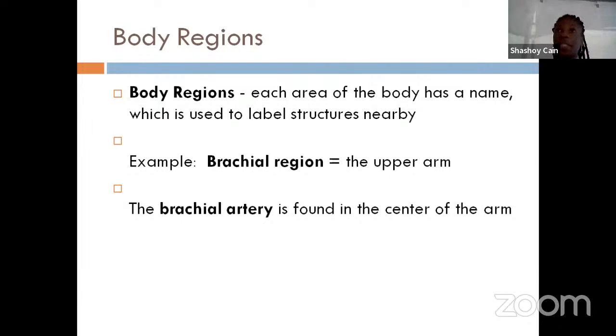The brachial artery is found in the center of the arm, so it is used to label the nearby structures.